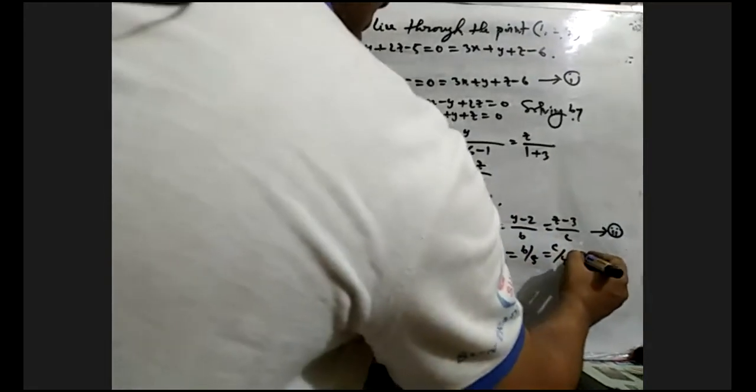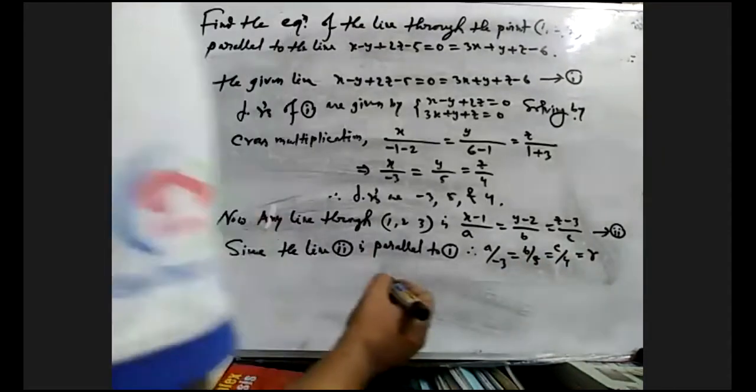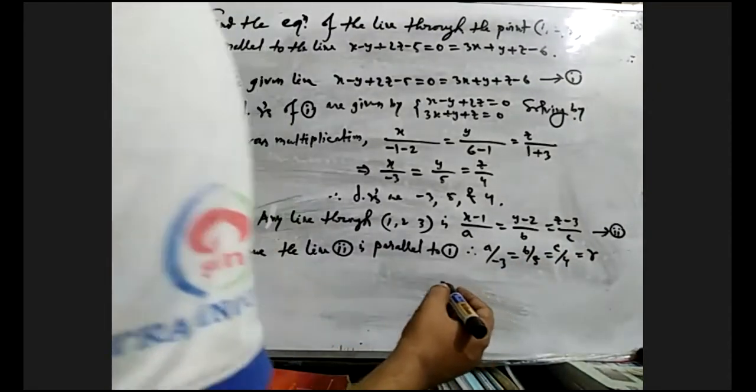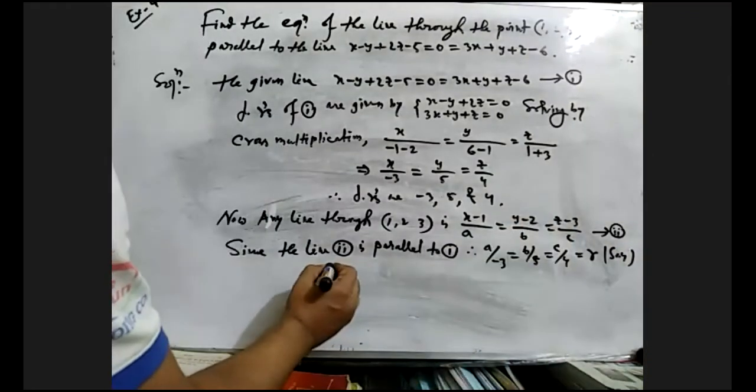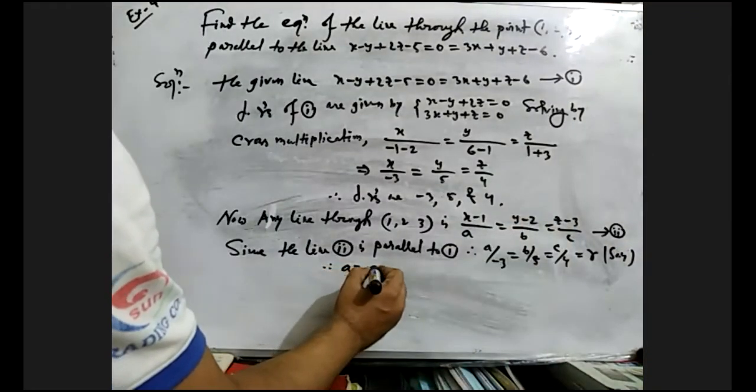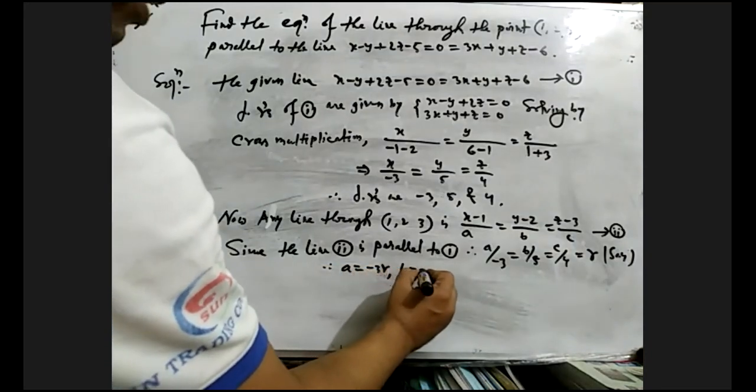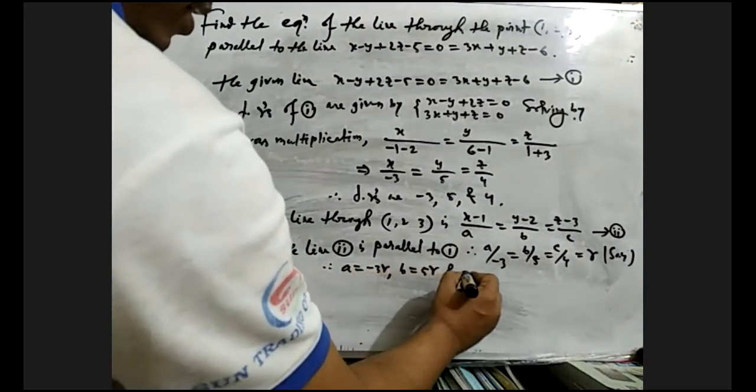Suppose this equals R. Therefore A equals minus thrice R, B equals 5R, and C equals 4R.